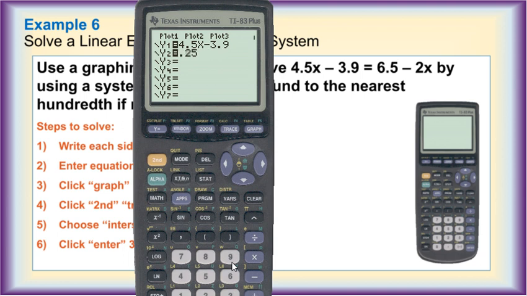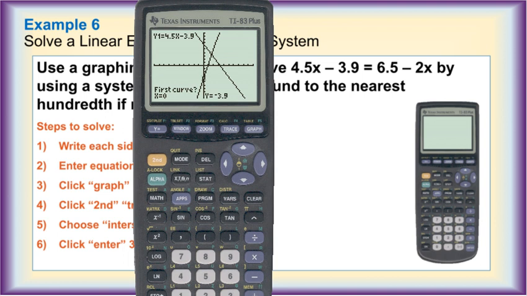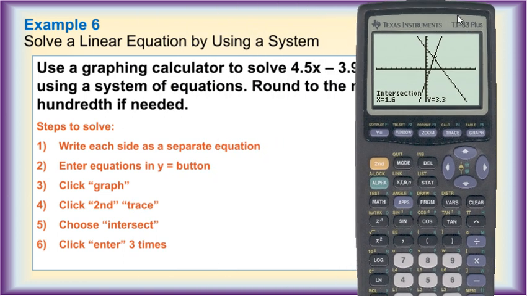This would be negative 2x. Let me go back to that. So negative 2x plus 6.5. Then if we hit graph, here's the first one, here's the second one, crosses here. So I hit second, trace, number 5, hit enter 3 times. We would have 1.6 and 3.3.